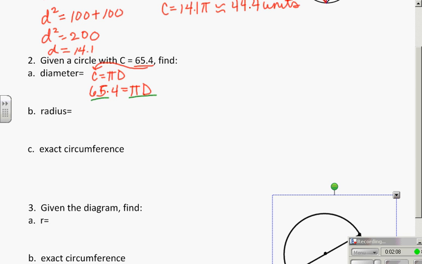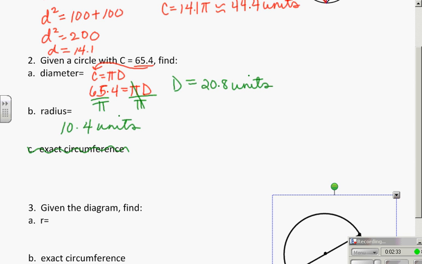Divide both sides by pi. Here you're going to need to use your calculator. Diameter is going to be 20.8 units. Once I know the diameter, finding the radius is just taking half of that, and that means that the radius is 10.4 units.